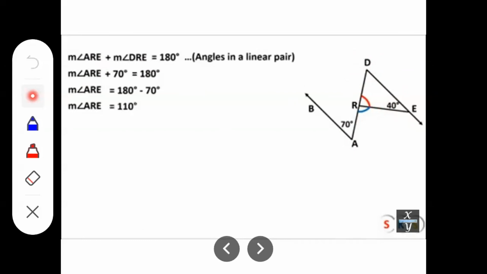Those two angles, those are angles in linear pair, together measure 180 degree. Now let's write the values whatever given. Okay, put the value, do the calculation, you will get the value of angle ARE. That ARE is 110 degree. Yes, understood?